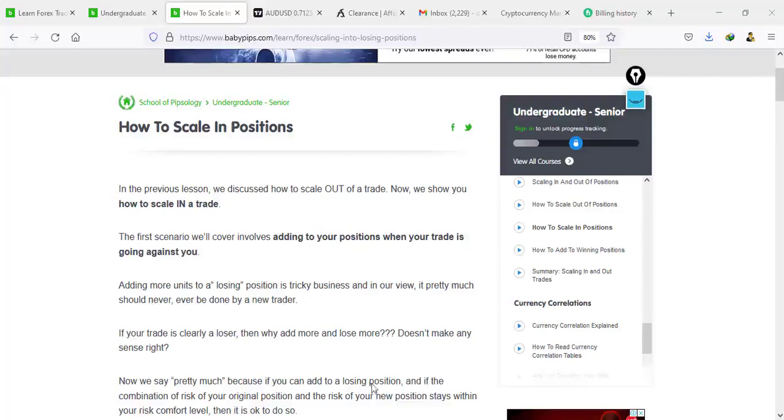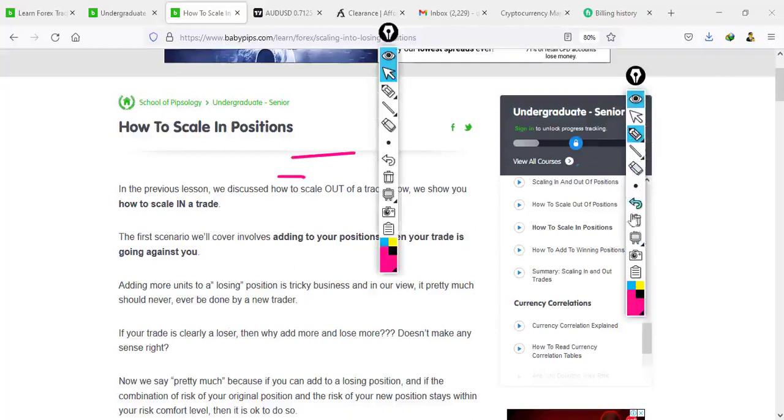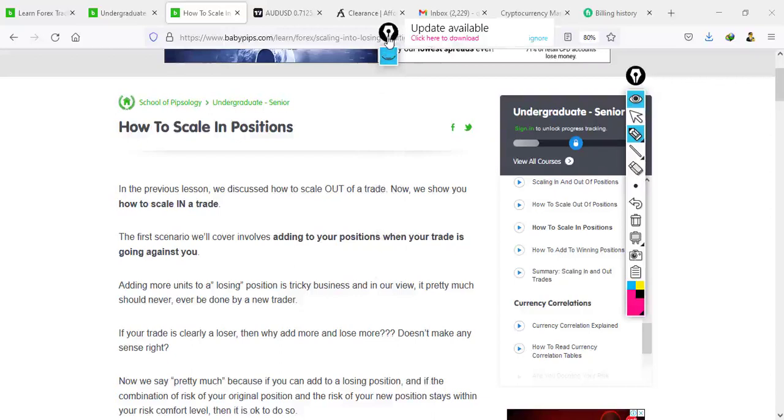So let's say you took a trade with a lot size of 2.0, for instance, okay? Let's say you took a 2.0 lot size and you want to scale out. It simply means go to your MetaTrader 4, click on the menu where you want to close your trade, okay?